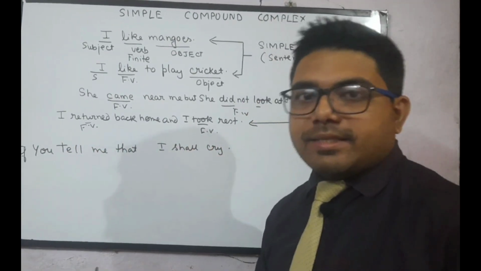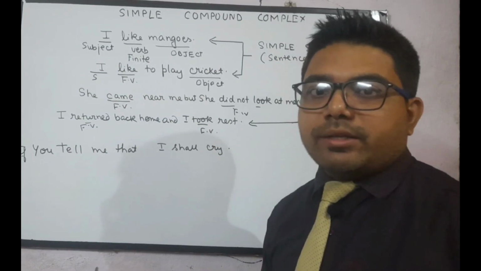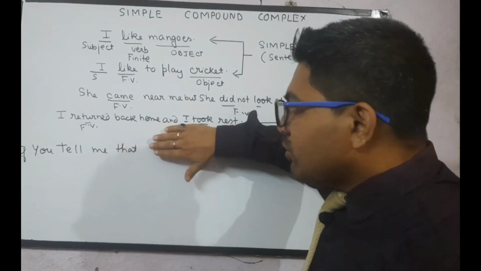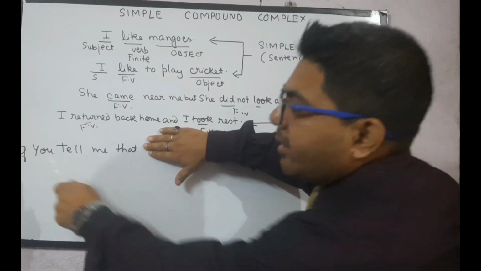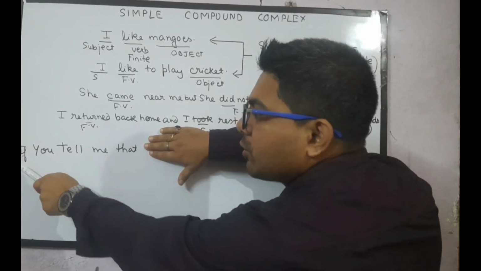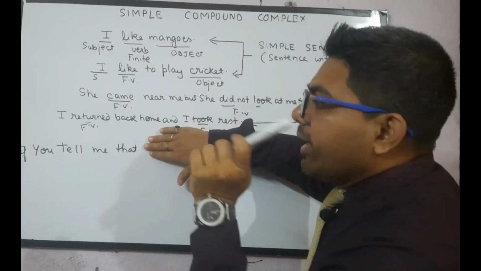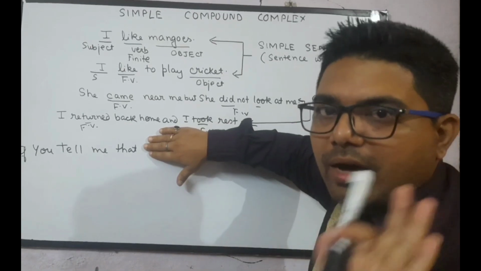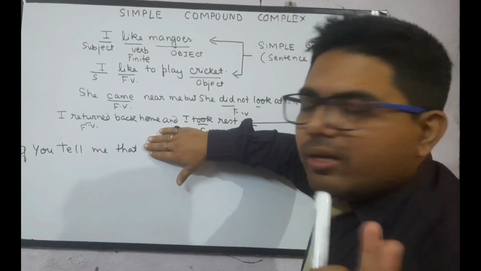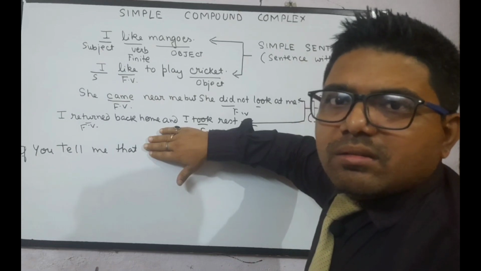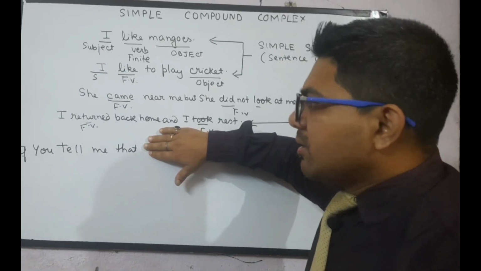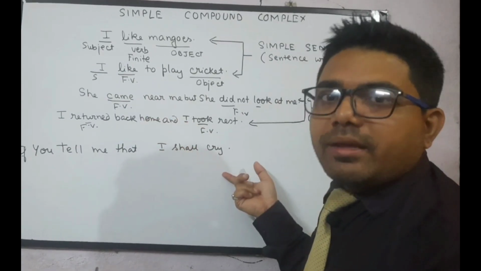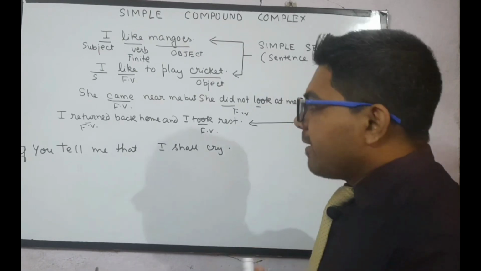Now let's think in a different way. Let's try to understand the meaning. If you tell me that, we have joined this with if, so let's try. If you tell me that, are we getting a complete meaning? If you tell me that, we are not getting a complete meaning. We need this part to get the meaning completed. I shall cry.